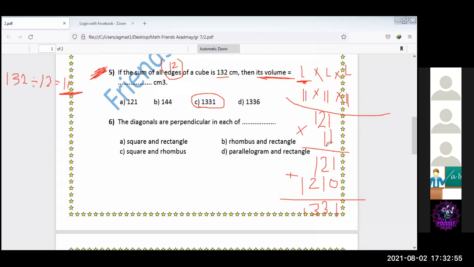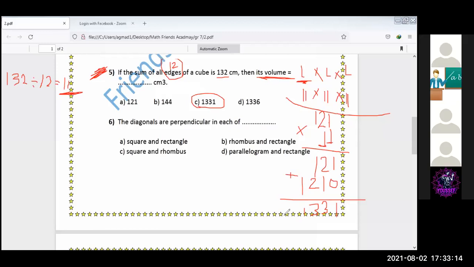Then I go to the next digit with 0 and multiply 121 by 1. It will be 1,210. Then add. Okay, the normal multiplication. But I know you use your calculator. I know you forgot everything about the multiplication and the division. Teacher, I don't use the calculator.